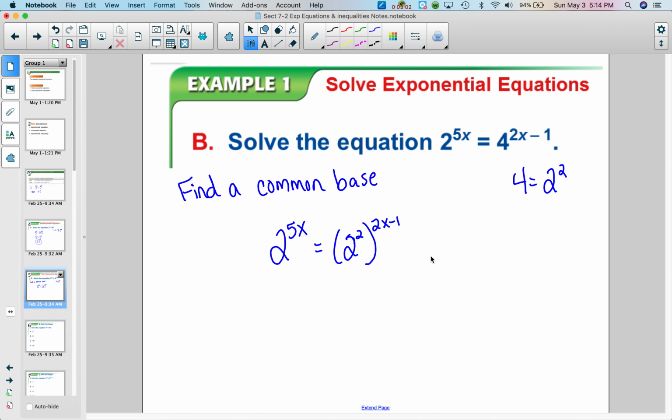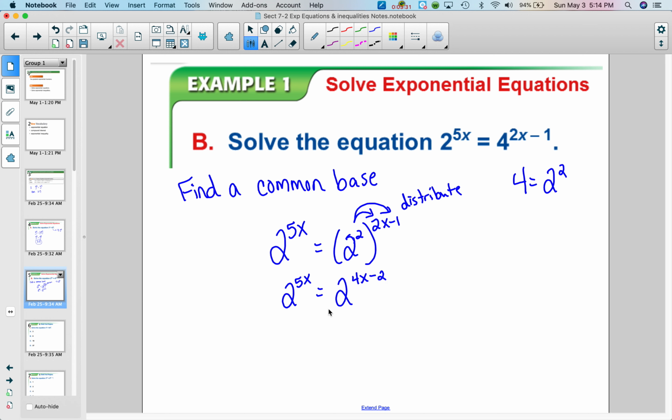The next thing I do, power to a power, you multiply the exponents. So you're multiplying 2 times the whole thing, and you do have to distribute when you multiply. So I get 2 to the 5x equals 2, and then I'm going to multiply 2 times 2x is 4x. 2 times 1, and it's a minus, is 2. So don't forget to distribute.